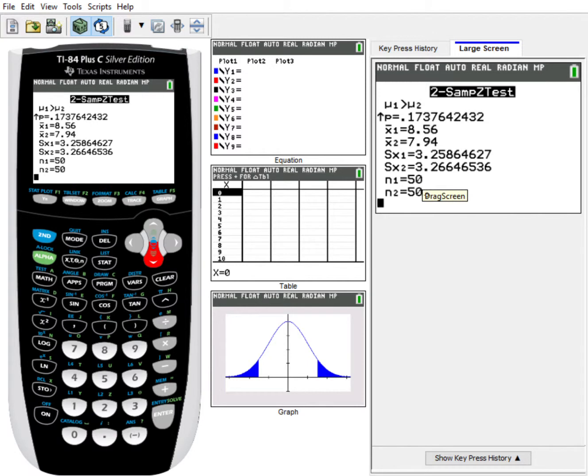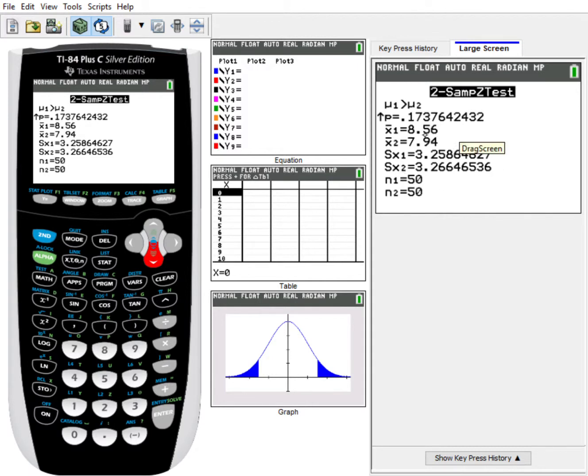Because you have 50 entries for the first sample and 50 entries for the second sample, you check back with the book to make sure that you got all of them. And you definitely want to write down your one variable statistics, because at some point it might come in handy.